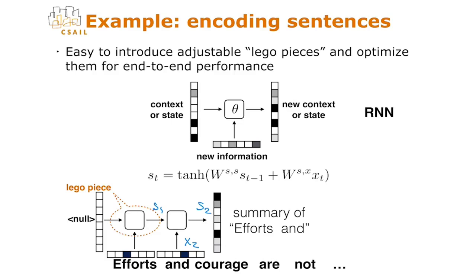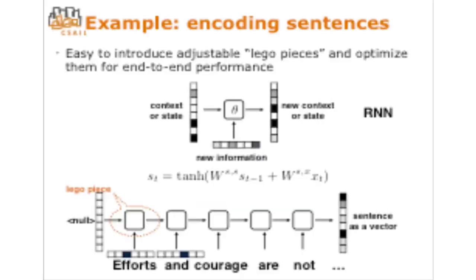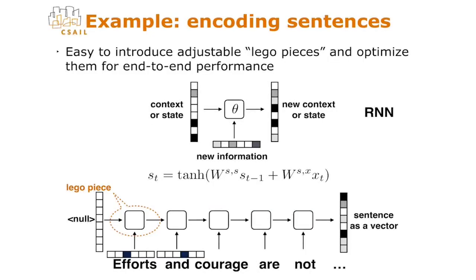Okay? And recall that applying this box is always specific to the parameters that we have, and therefore the vector that we get would be different if we used a different set of parameters. Now we can continue this all the way till the end of the sentence and get then the sentence as a vector. Okay?